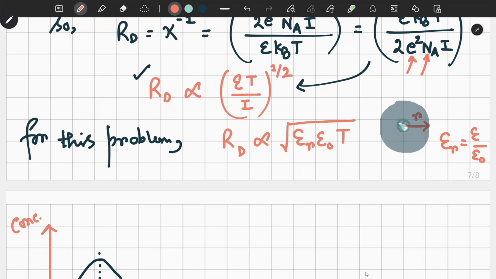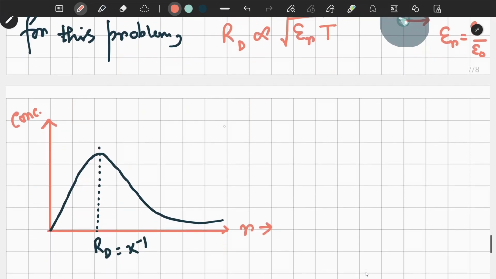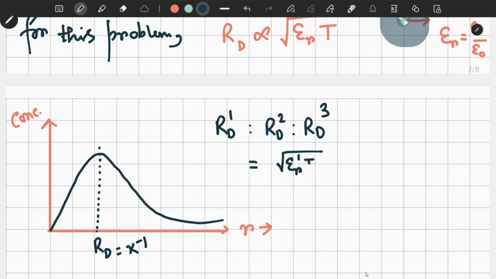And epsilon 0 is constant, so you can easily write it as this. So RD1 is to RD2 is to RD3, there are three types of solution, will be root over epsilon R1 T1 is to root over epsilon R2 T2 is to root over epsilon R3 T3.